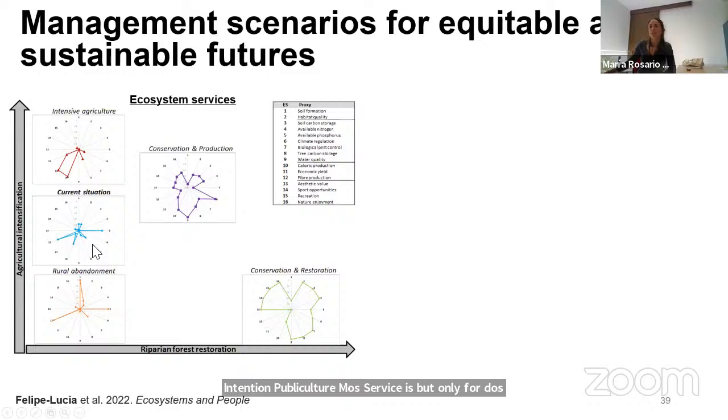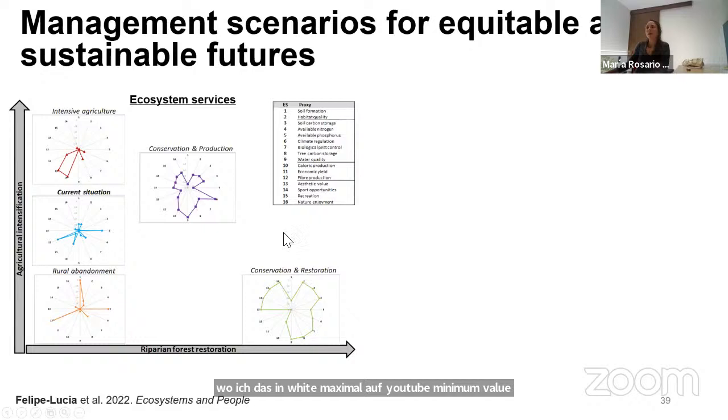The current situation has very low values, and rural abandonment only promotes three services related to land regeneration, which makes sense, because there is no use of the landscape. And we have an intermediate conservation and production scenario here, which maximizes a few services, but doesn't have minimum values for any of the services.